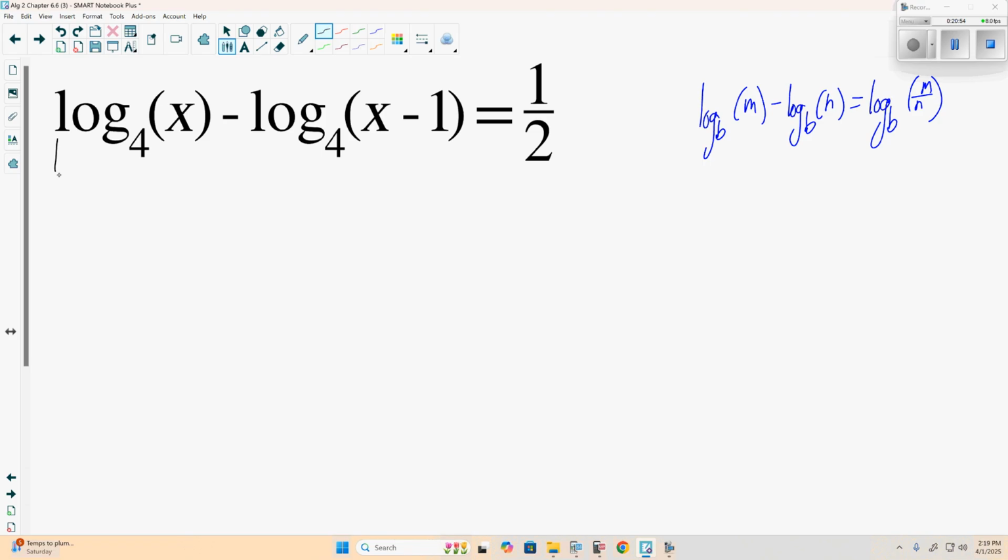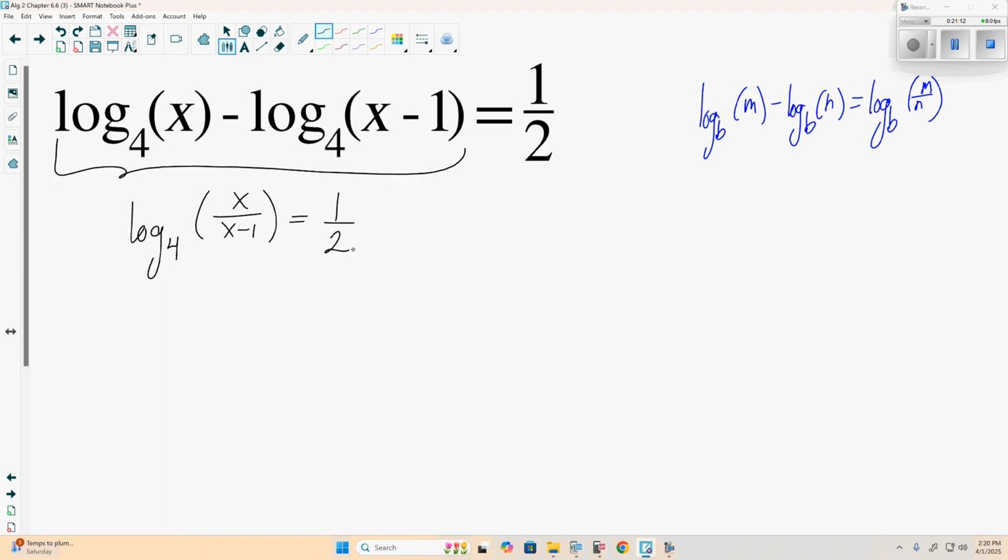So really, for our log base 4 of x minus log base 4 of x minus 1, we can rewrite it as a single log with what's inside being divided. Questions on this here?